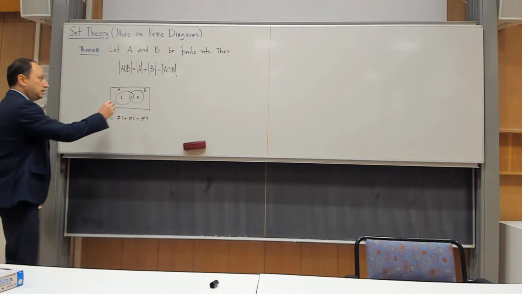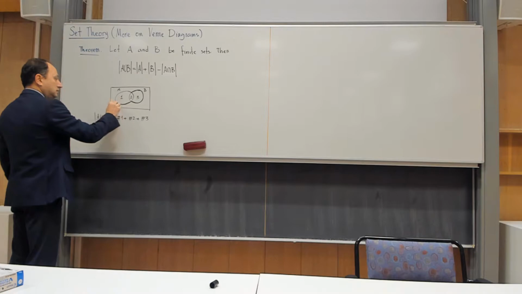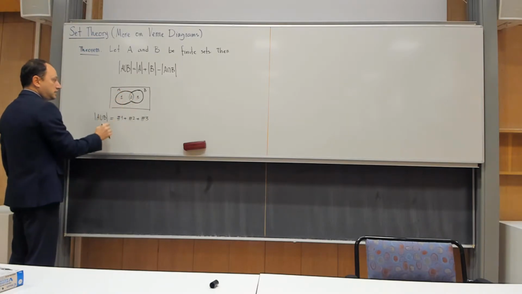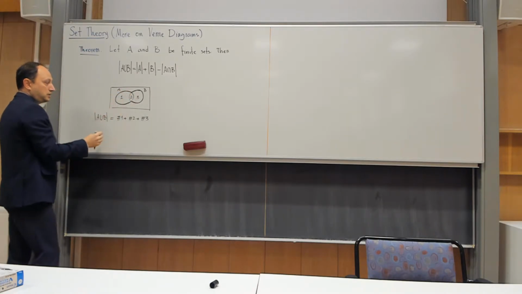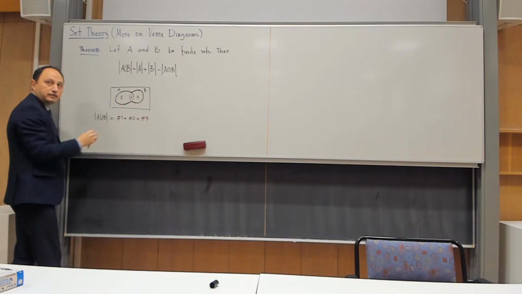Because the union means everything inside this boundary. So in this boundary, I see there are 3 regions, distinct regions. If I want to calculate the number of elements in this boundary, it's clear that I count the number of elements here, here, and there, and I add them.